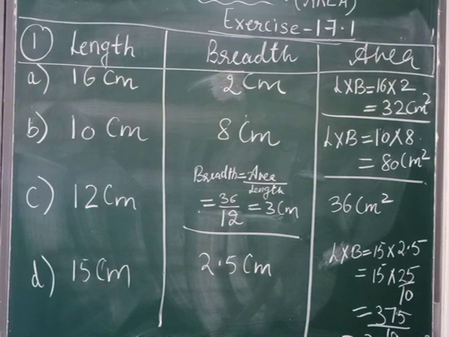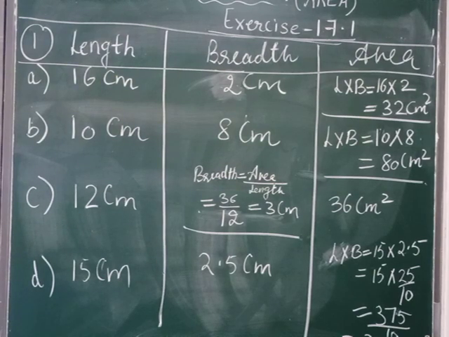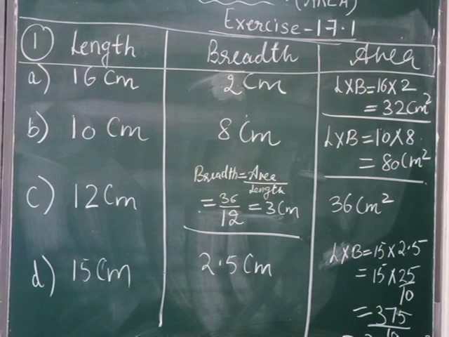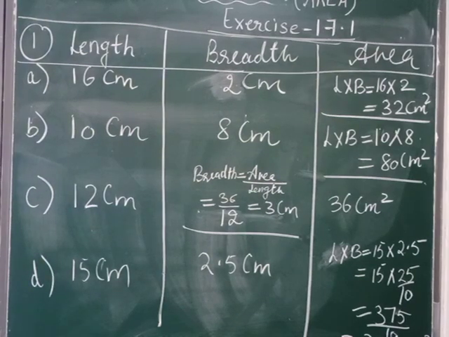I have already told you the formula for finding area when length and breadth are given, that is length multiply breadth. It is written on the board. 16 multiply 2 is equal to 32 cm square. In the second part, length is 10 cm, breadth is 8 cm. Again similarly, area will be length multiply breadth, that will be 10 multiply 8 is equal to 80 cm.